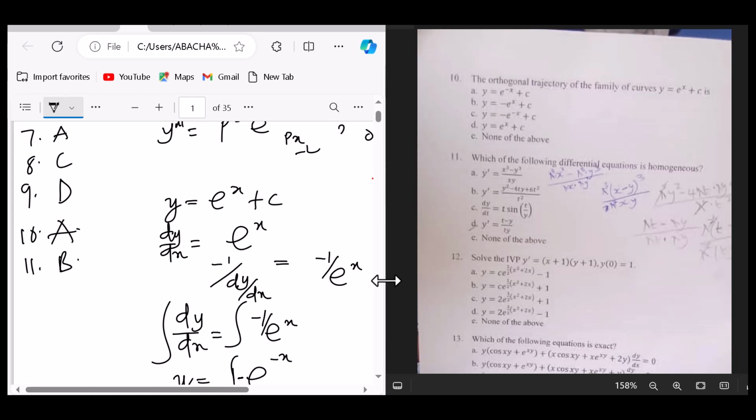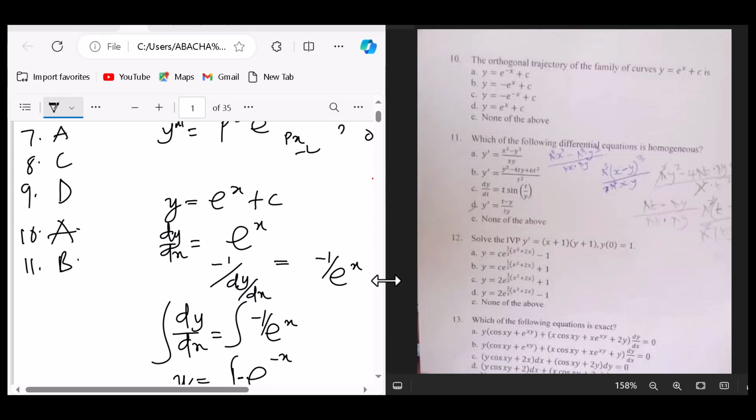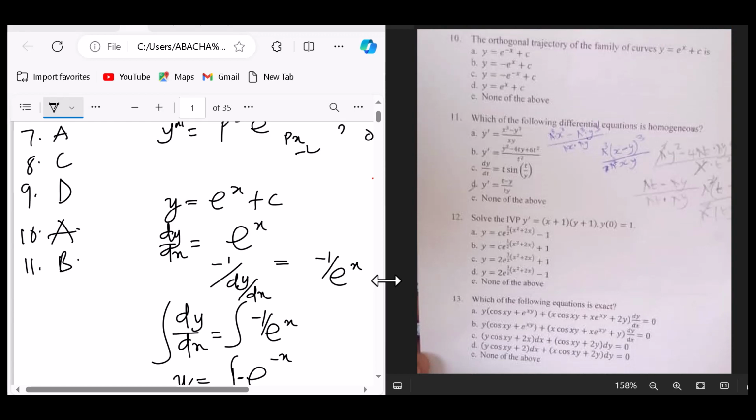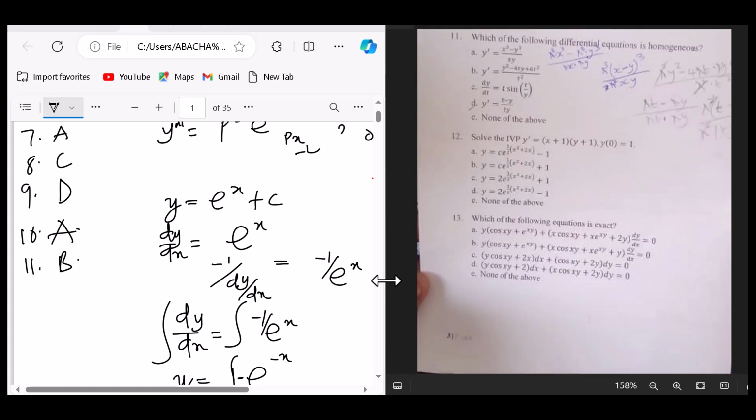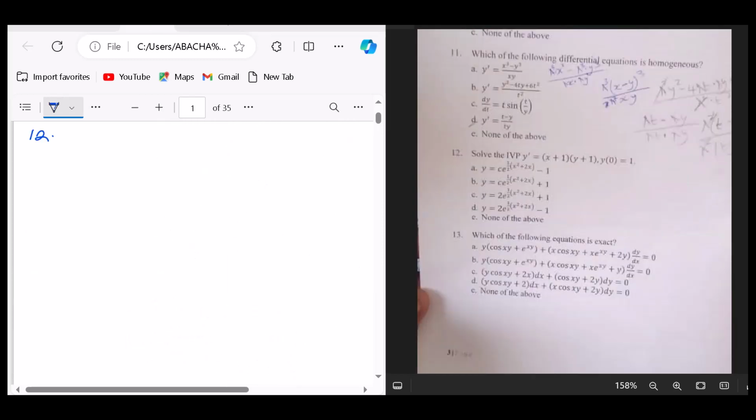Number 12, it says solve the IVP. We are required to solve this particular IVP. So let's look at question 12. It goes like y prime equals x plus 1 times y plus 1, y of 0 equals 1.